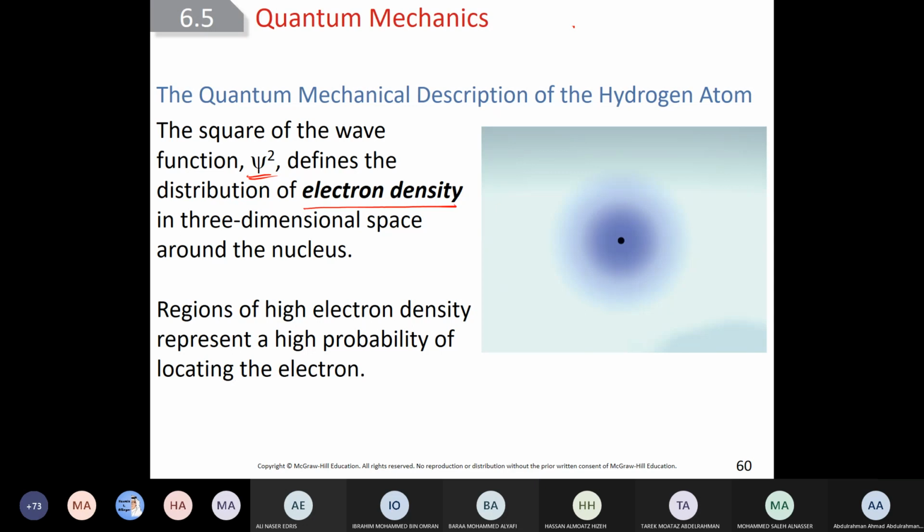Exactly. Now, if you think about the electron as a particle, where is the electron in this shape? Everywhere. How many electrons are there? We cannot tell, but it could be one or two.